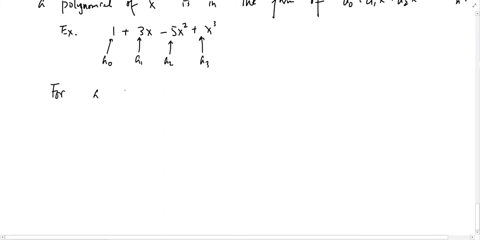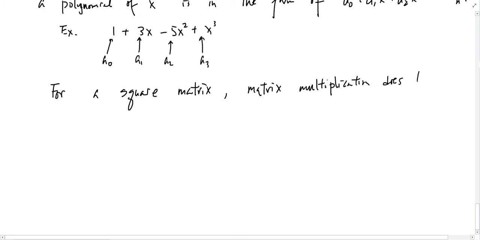For a square matrix, this is interesting because for a square matrix, matrix multiplication actually does have closure.